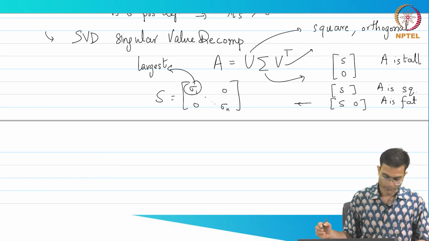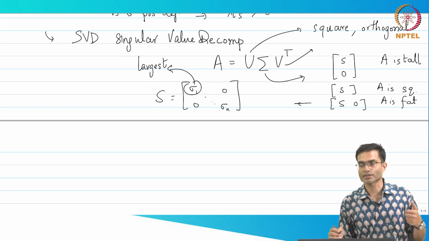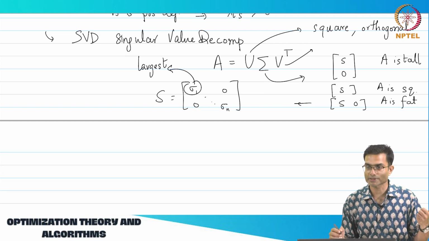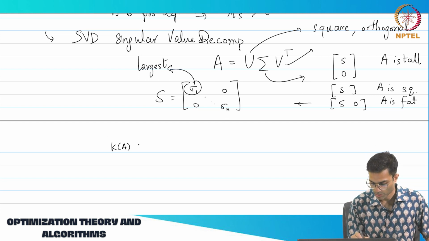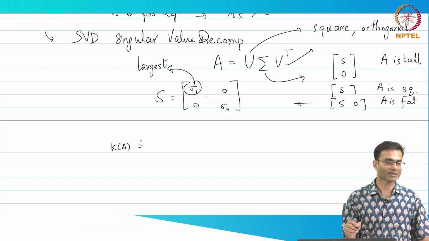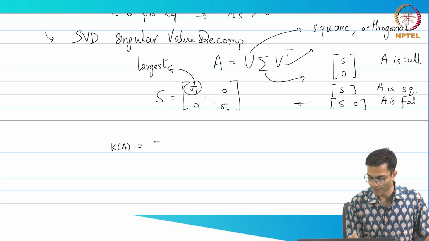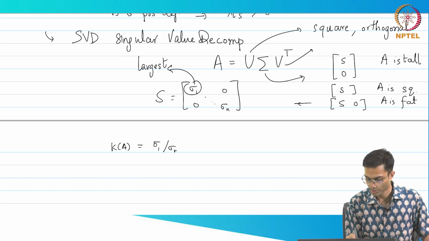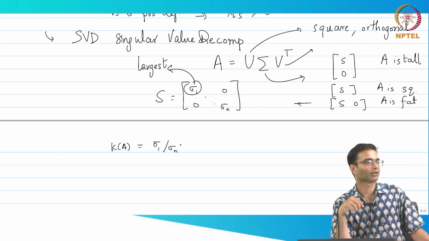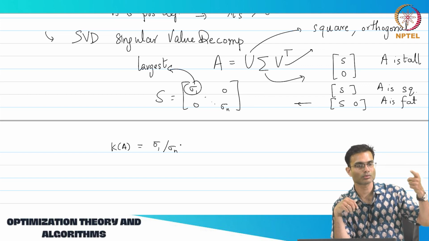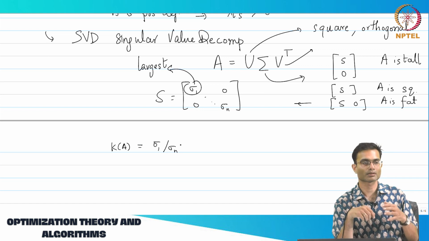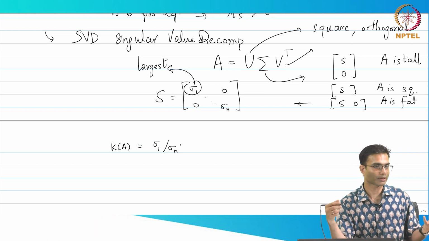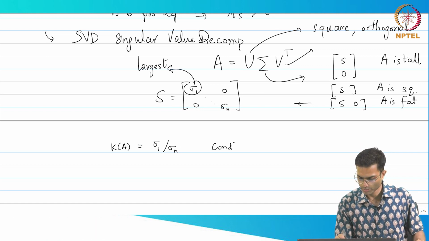And the matrix condition number which I had defined a few minutes ago, kappa of A, you can see that you get a very nice expression. It ends up being sigma 1 by sigma n, the ratio of the largest to smallest singular value. This is something which in MATLAB is just a simple command called cond, C-O-N-D.